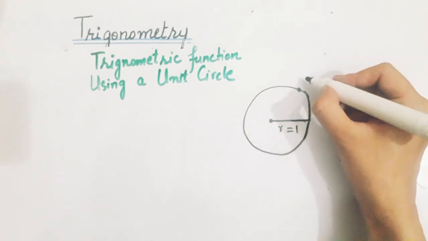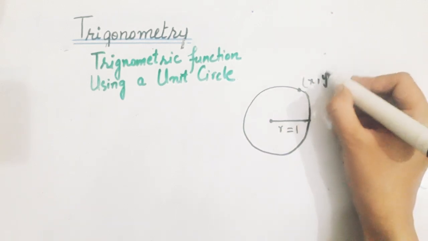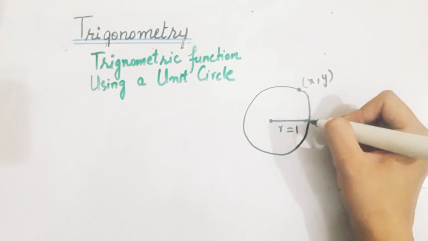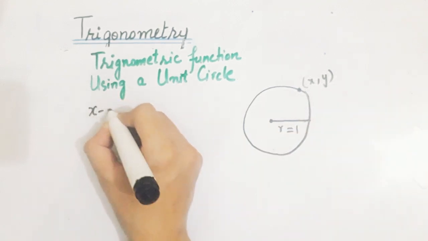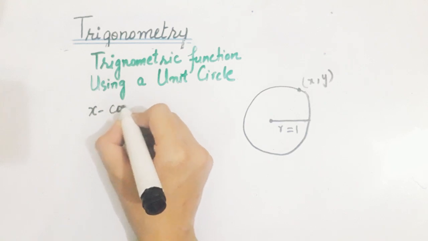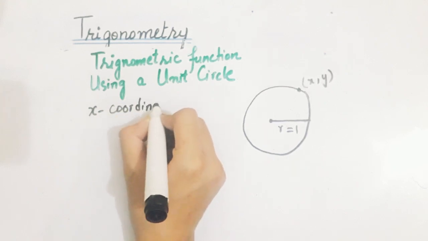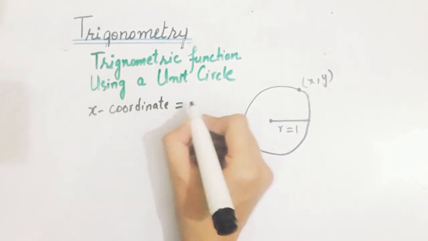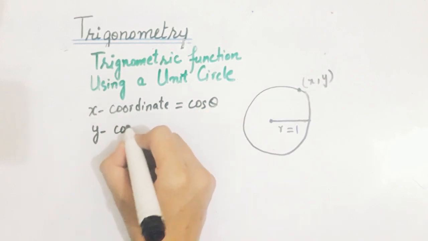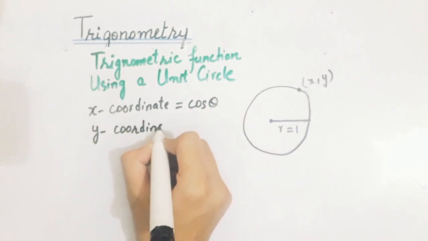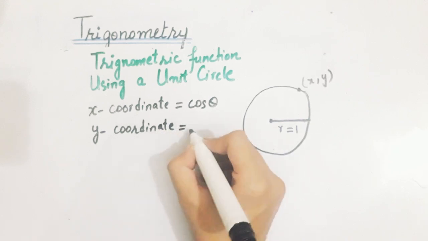So any point in the circle has coordinates x and y. The x coordinate is described by the cos theta, and the y coordinate is described by the sine theta.